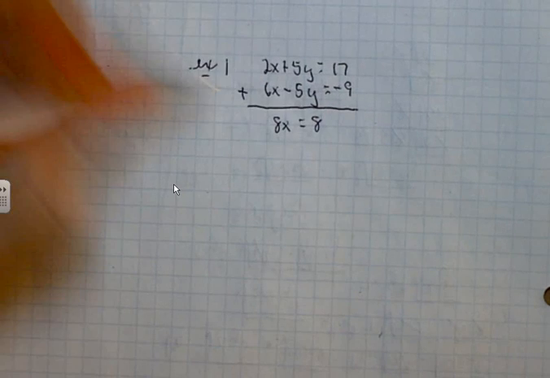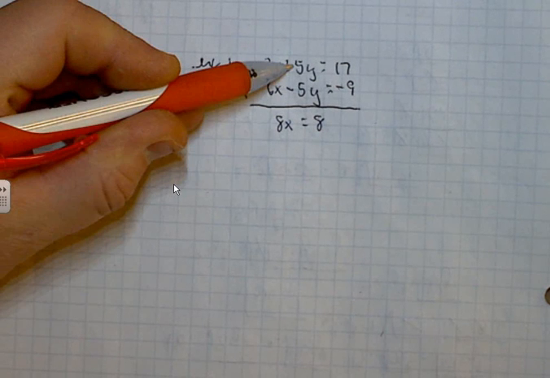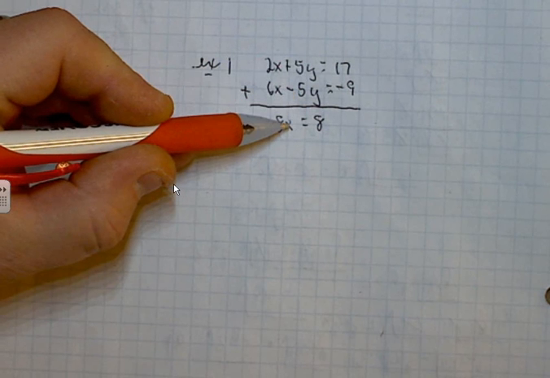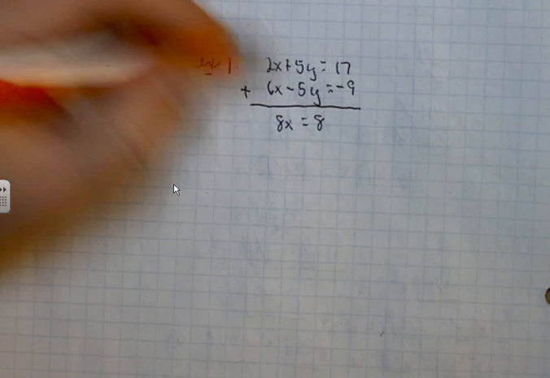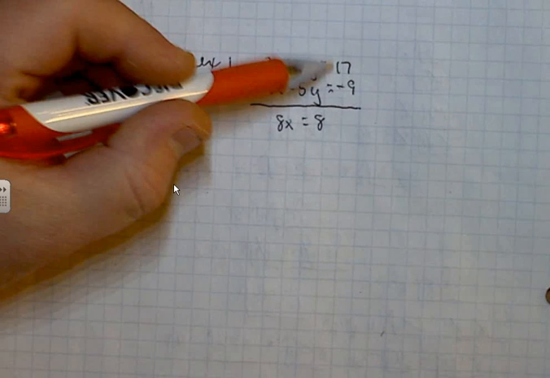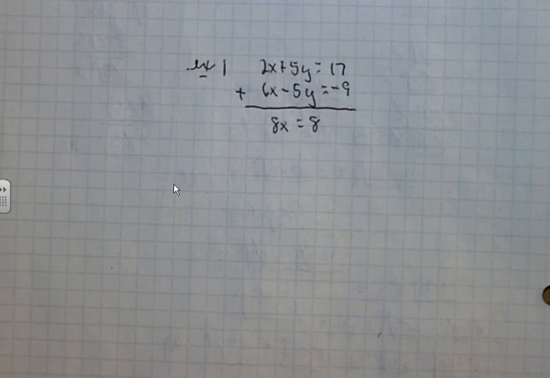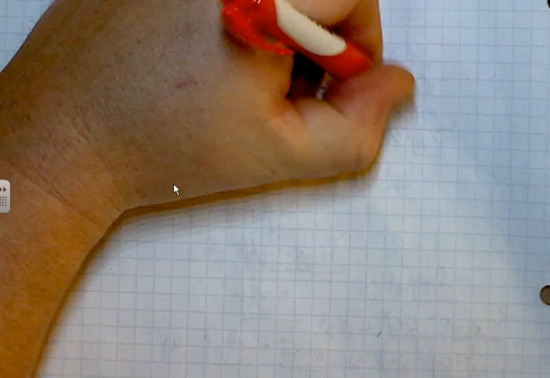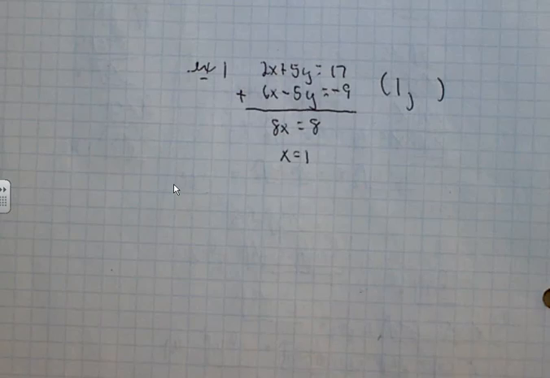We're just adding straight down. 5y plus negative 5y is 0y, so we don't have to write that because the y's are eliminated. 8x equals 8. X equals 1. So I know that I've got one coordinate for the point of intersection. I've got x equals 1.